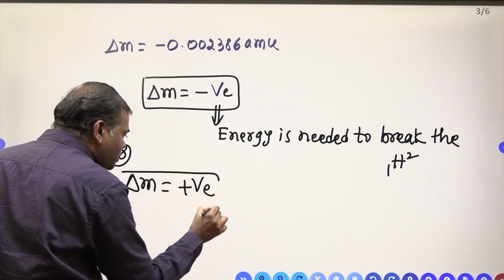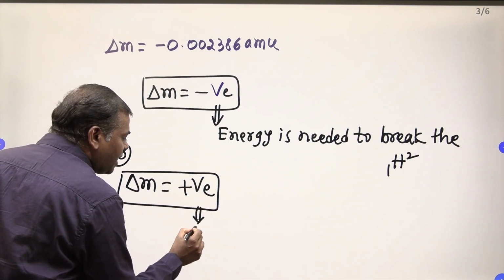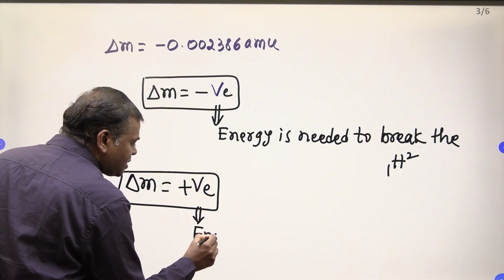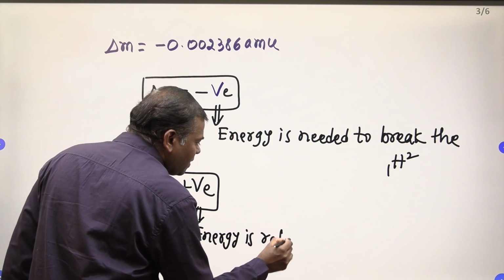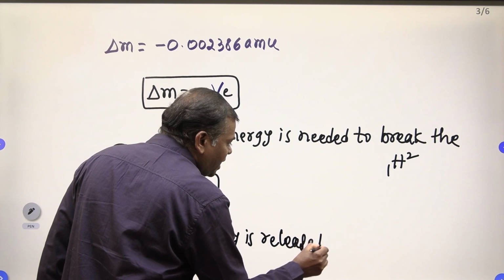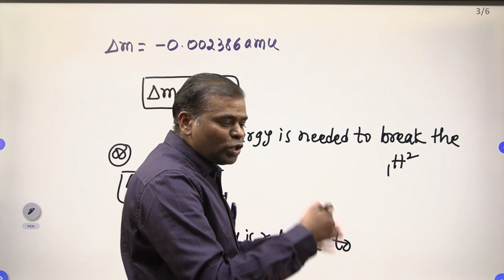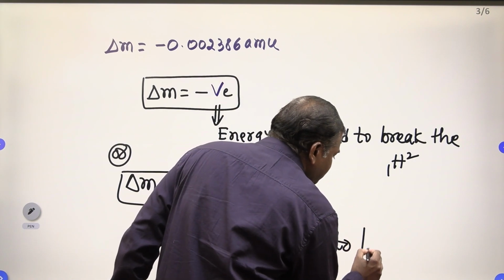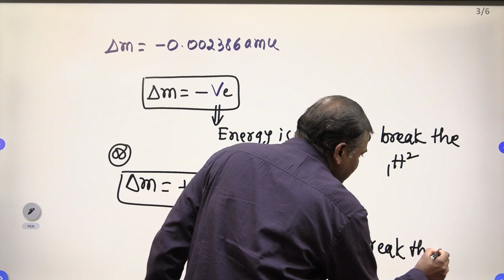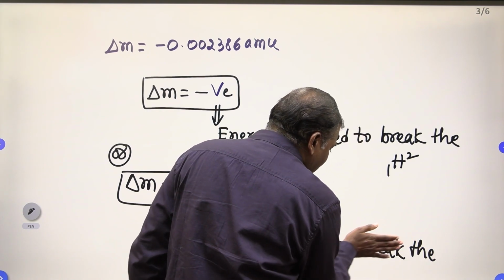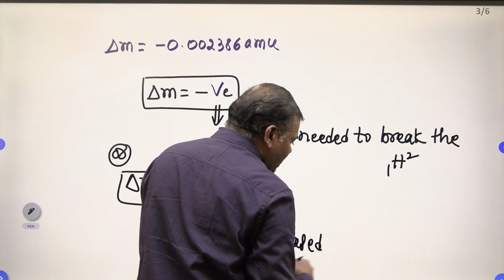If it is positive, then energy is released when the nucleus is broken.